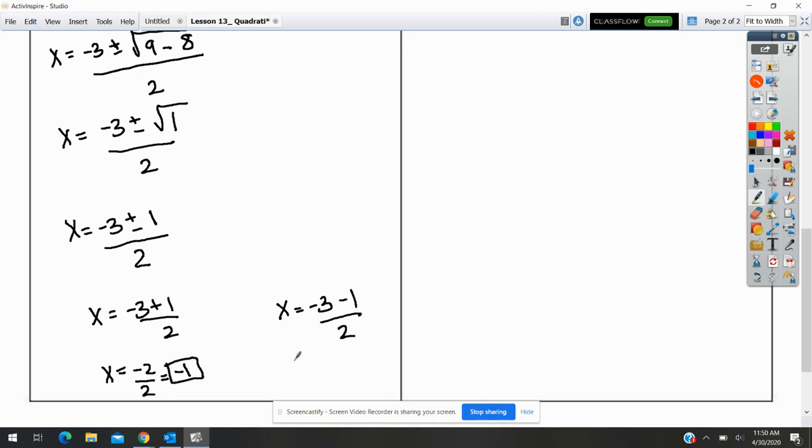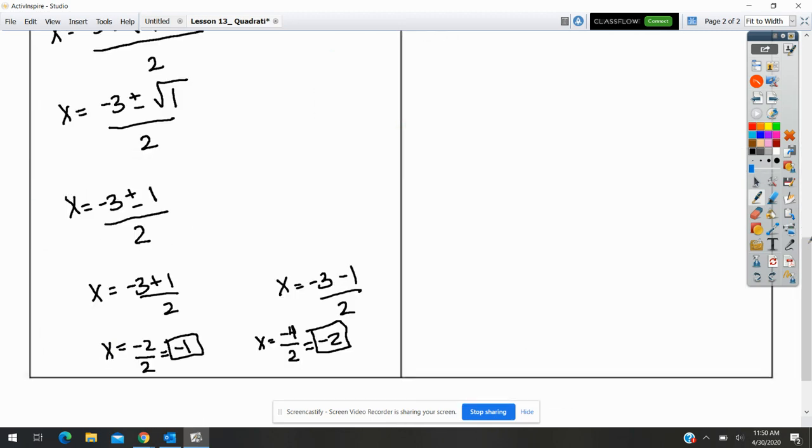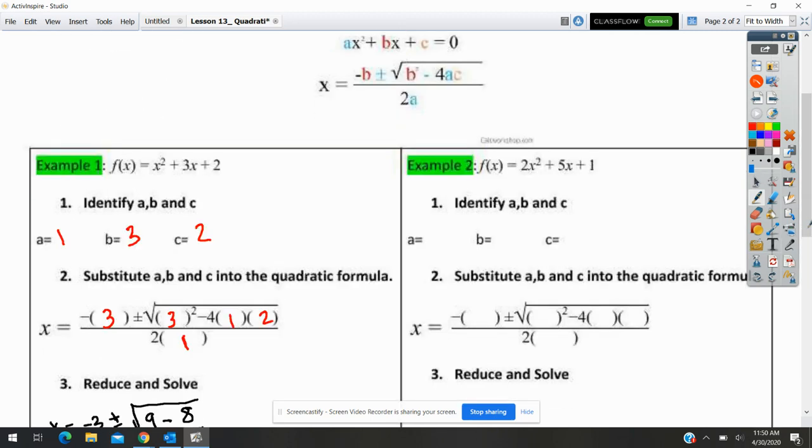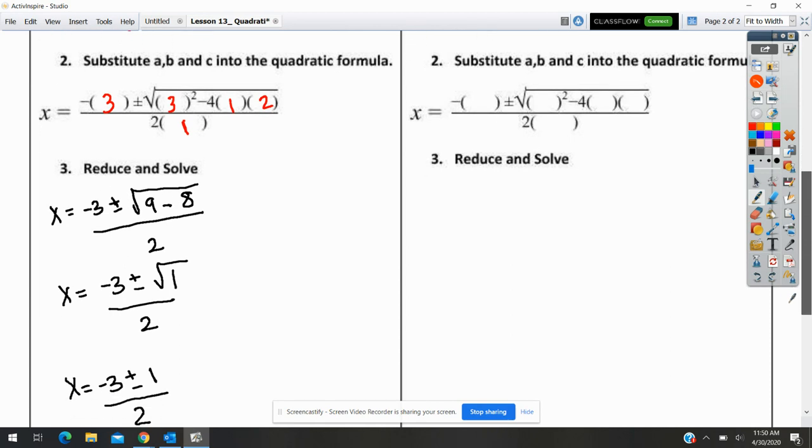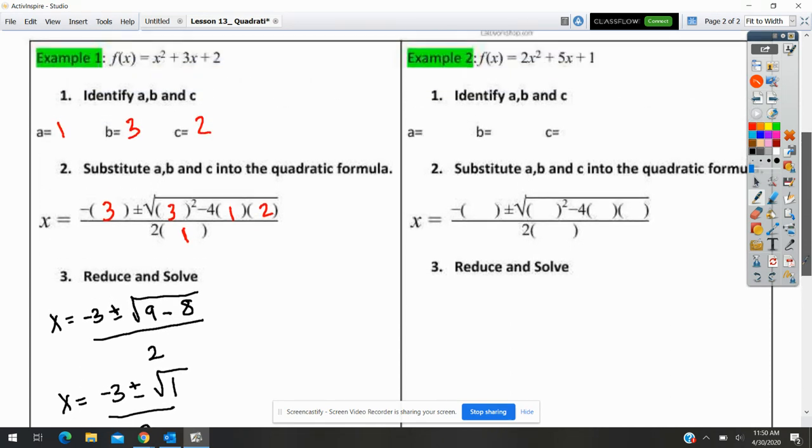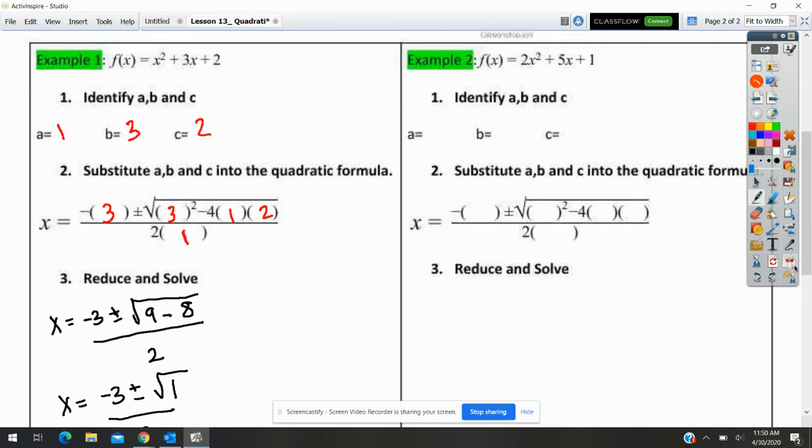That's one solution, which we got in the do now. And -3 minus 1 is -4, divided by 2, which is -2. That is our other solution. So this is how we would use the quadratic equation to solve for our roots, solutions, zeros, whatever you like to call it.